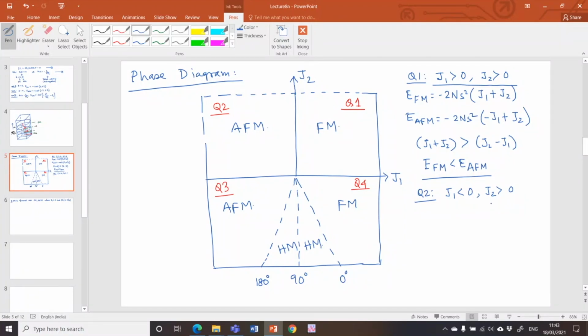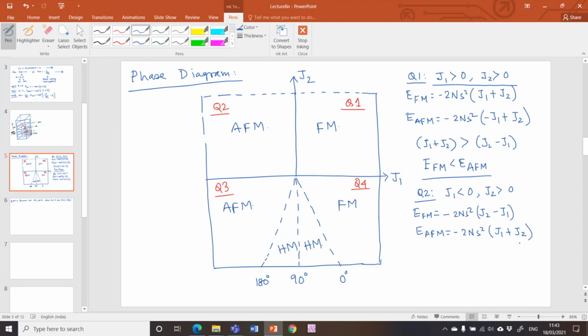If I take care of the sign here, my EFM will be minus 2n S square (J2 minus J1), and EAFM will be minus 2n S square, J1 is negative, so this will be (J1 plus J2).